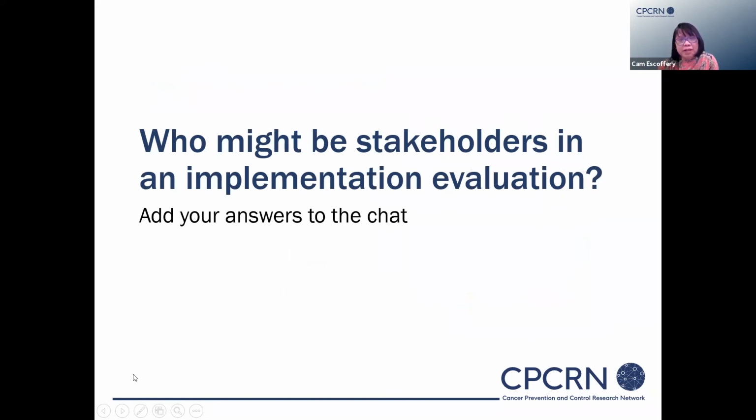So my next question is thinking about either an evidence-based intervention that you've been working with, and for those of you who have evaluated EBIs in the past, who might be some of the stakeholders that you've involved in an implementation evaluation? Please take a minute to type your response in the chat, and I can actually share some of those responses.